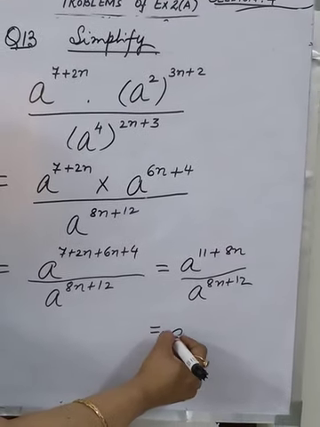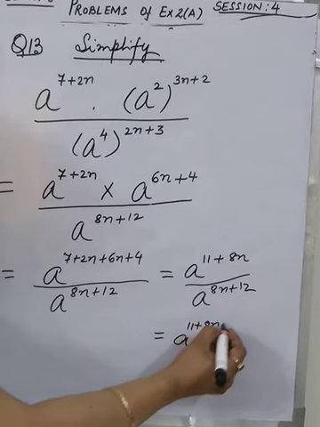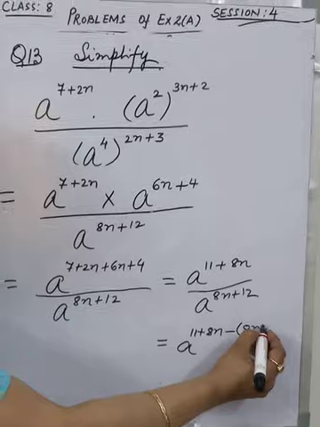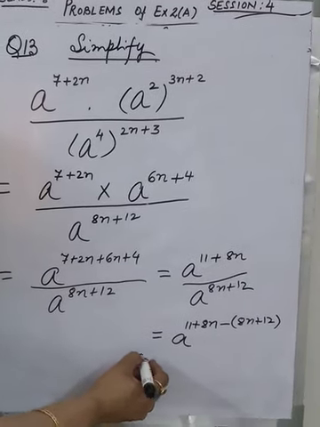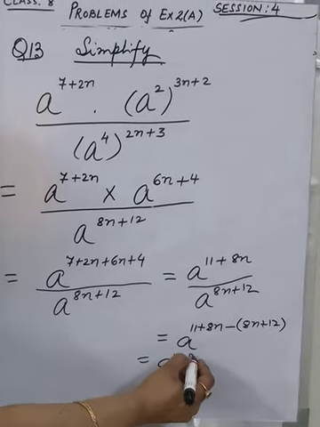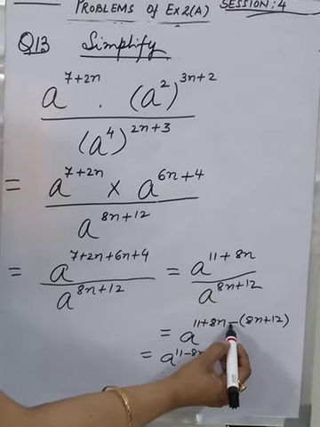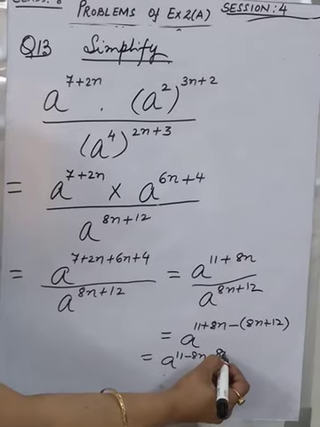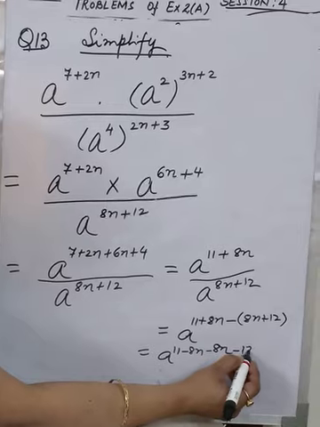So what we'll get here, a to the power 11 plus 8n minus, always write in the bracket whenever we have a negative sign. So a to the power 11 plus 8n minus the bracket 8n plus 12. Inside the bracket it was plus and outside we have a negative sign, so the sign gets changed, it will become minus 8n and minus 12.